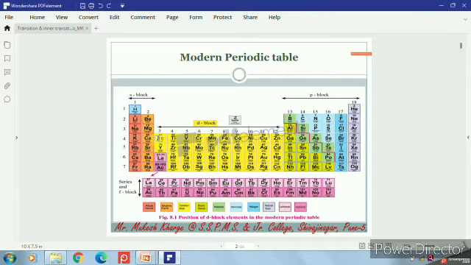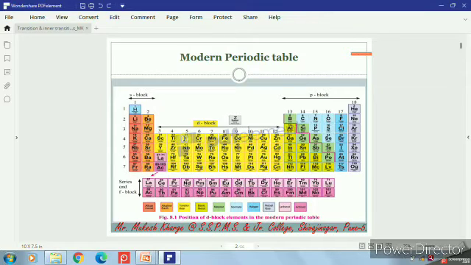Next to that is scandium, and one electron is entered in the 3d orbital because it is a d block element. So the electronic configuration of scandium is argon 4s2 3d1. Then titanium is argon 4s2 3d2.